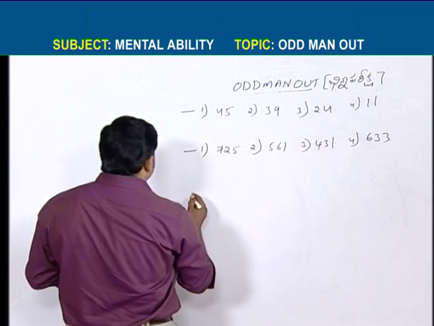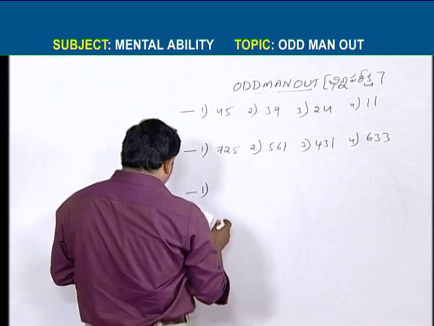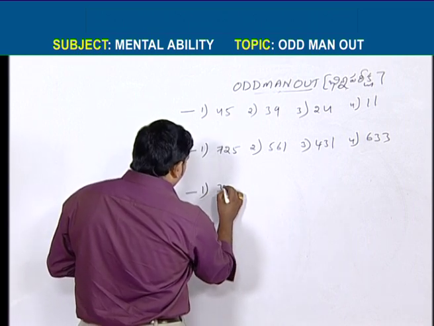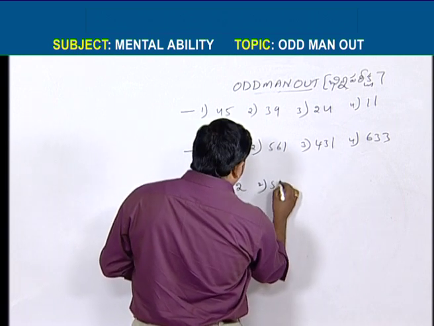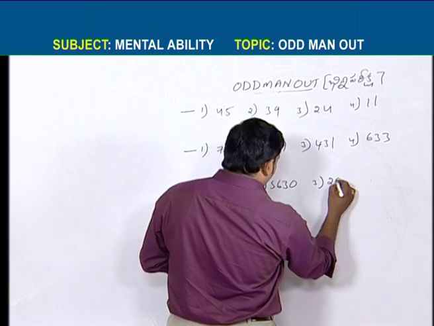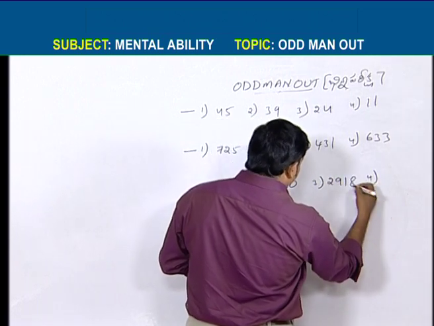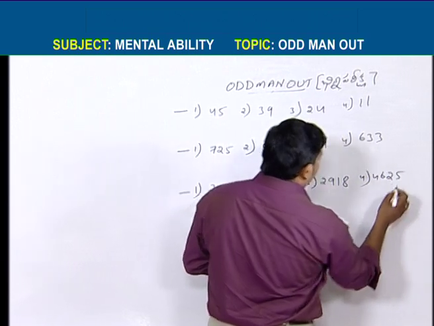Next question: first option is 3 4 1 2, second option 5 6 3 0, third one 2 9 1 8, fourth option 4 6 2 5.